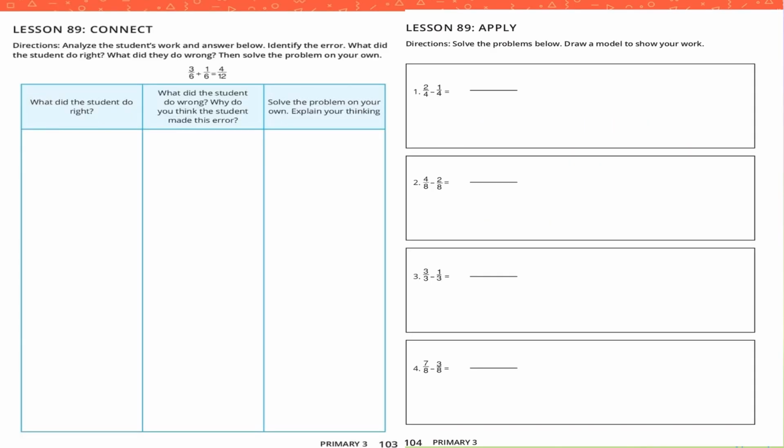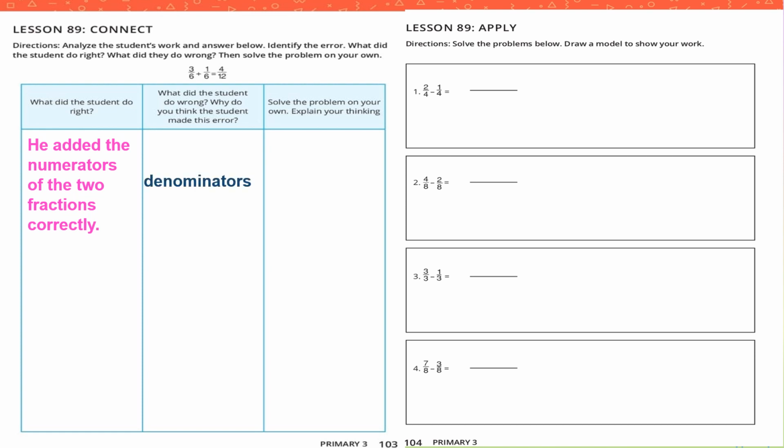Let's start lesson 89, the connect part here. Analyze the student's work and answer below. Identify the error. What did the student do right and what did they do wrong? 3 over 6 plus 1 over 6 equals 4 over 12. What did the student do right? He added the numerators of two fractions the correct way.